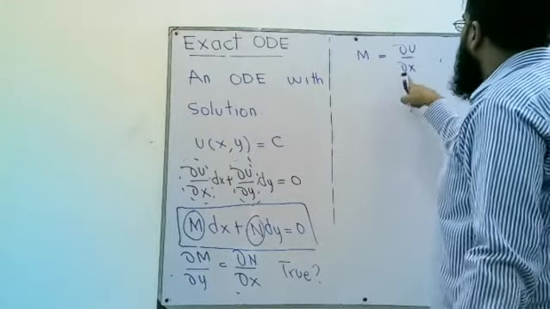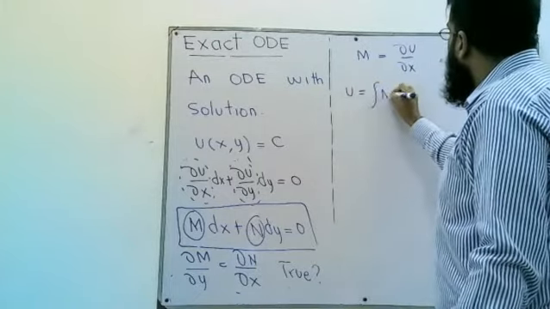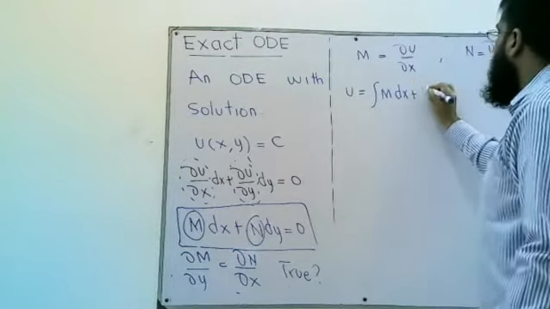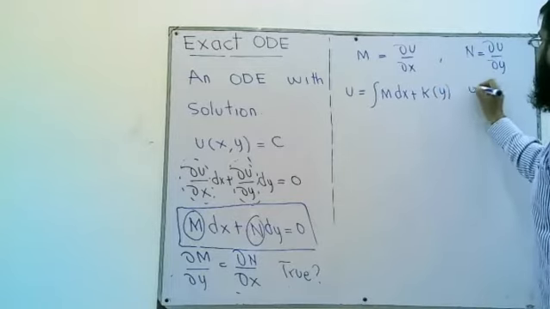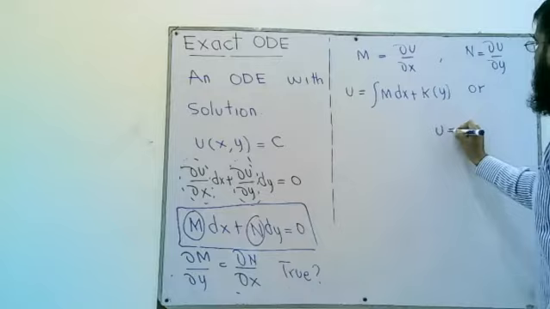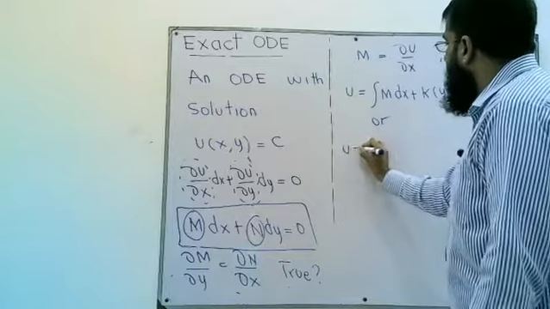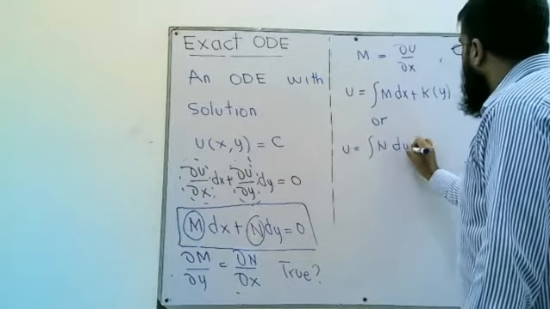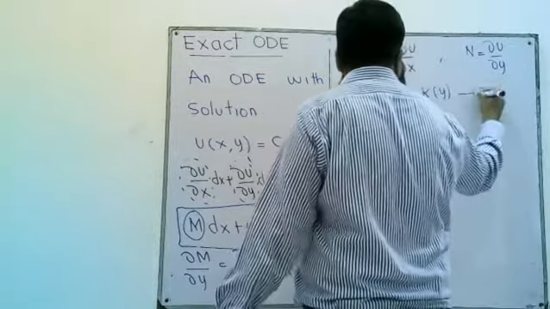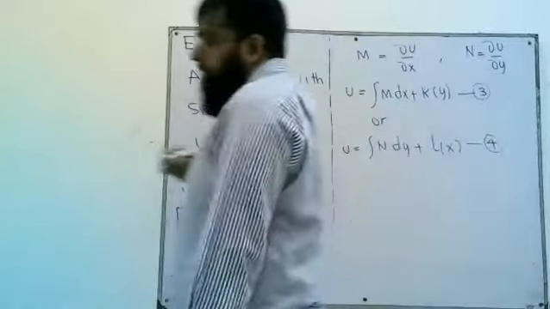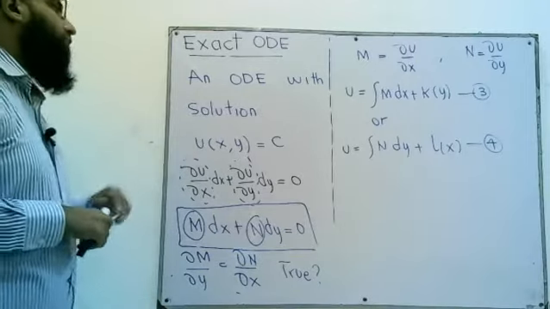So from here we can write u is the integral of M dx plus some function k of y, or from the other equation you can write u is equal to the integral of N dy plus L of x. So you can use either equation number 3 or equation number 4. Both will give you this u of x, y.